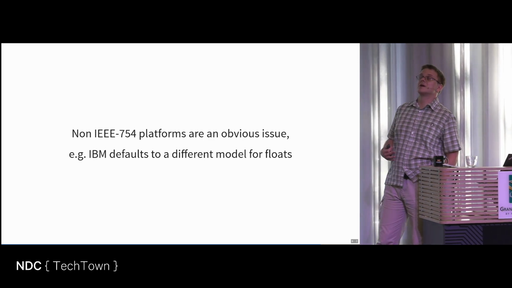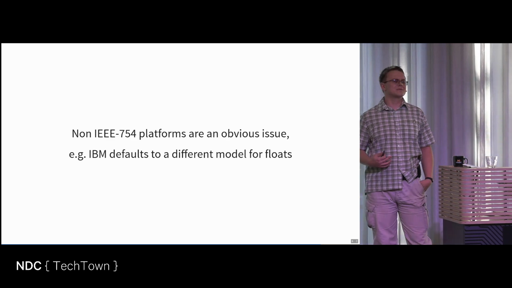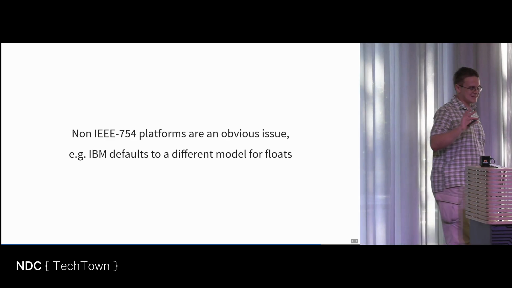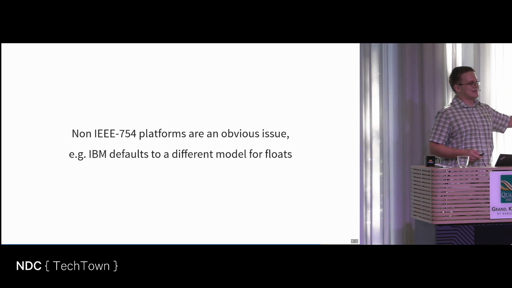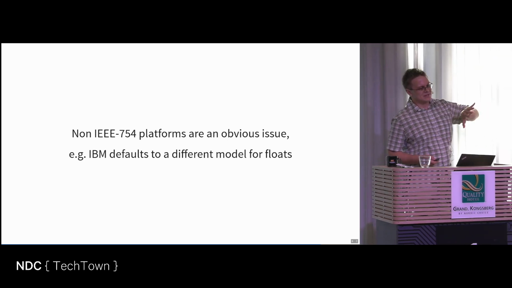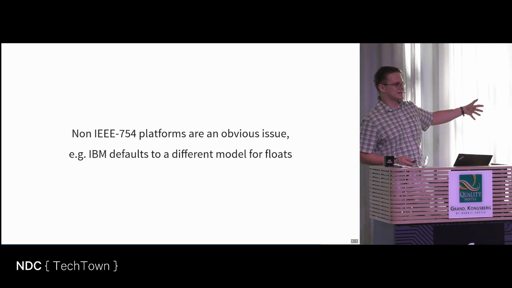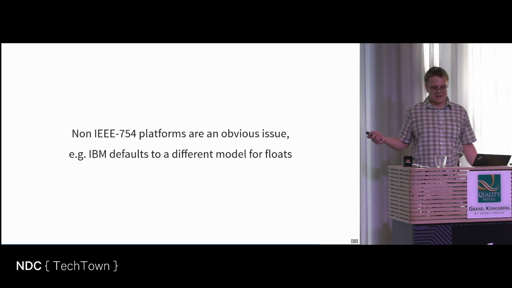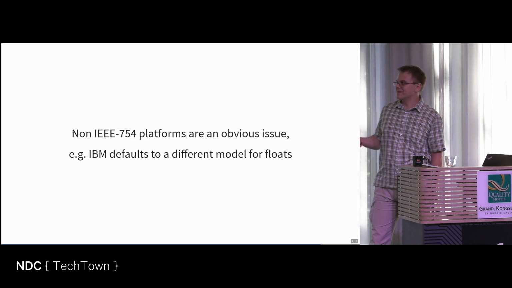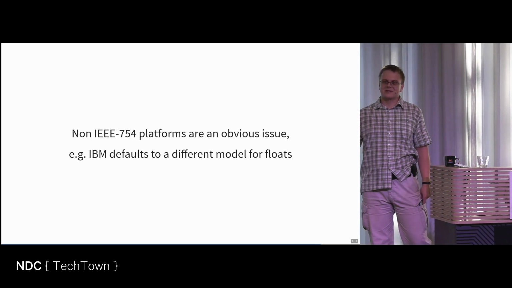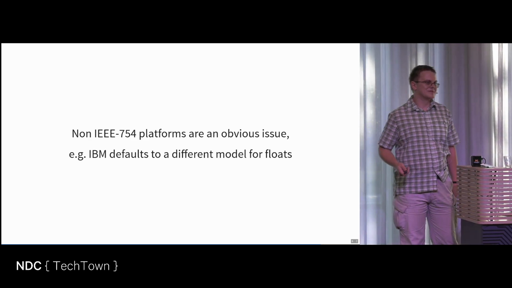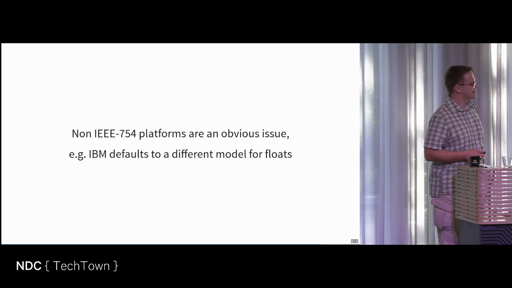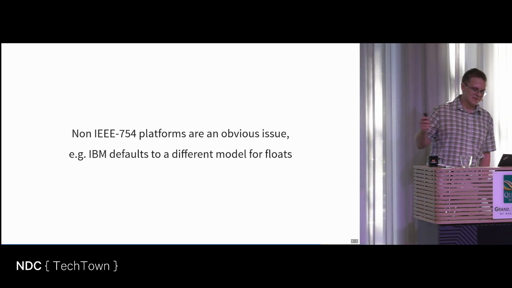It calls them hex floating points, hexadecimal floating points, something like this. And instead of binary digits, they use hex digits, and they do their own thing. Luckily, if you find yourself on IBM, I think you can tell it to actually use IEEE floats and get back to the rest of humanity.